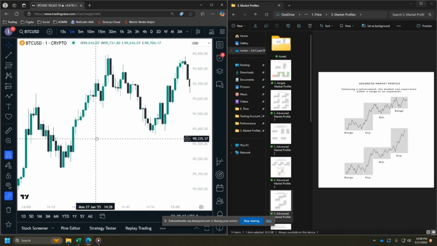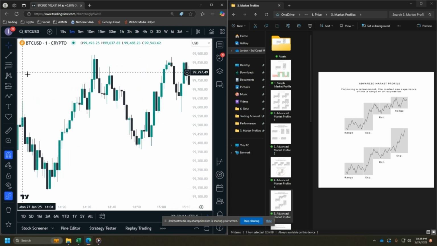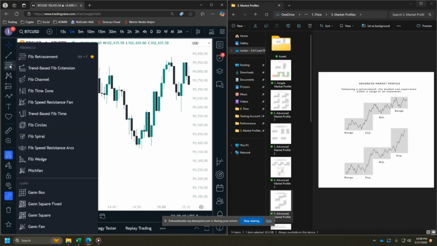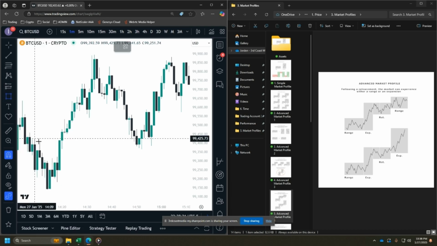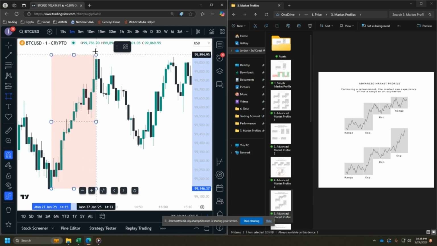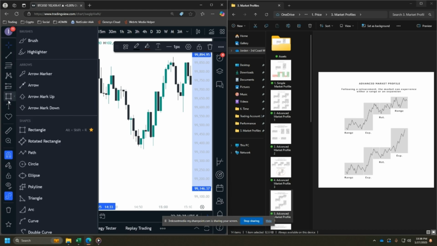So, for example, we have yet another similar looking section where we have an expansion upwards, and then we have, oh, sorry, wrong thing.